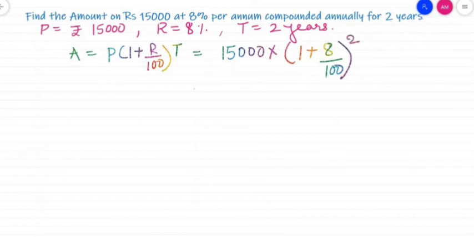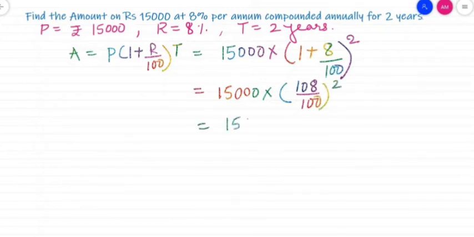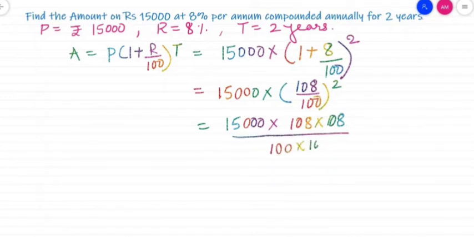Okay. Now see, this can be written as 15,000 multiplied by, so we have to solve the bracket first. If you find the LCM, we'll come to know that this will be 100 plus 8, 108 divided by 100 to the power 2. Okay. Now this can be written as 15,000 multiplied by 108 into 108 divided by 100 into 100.